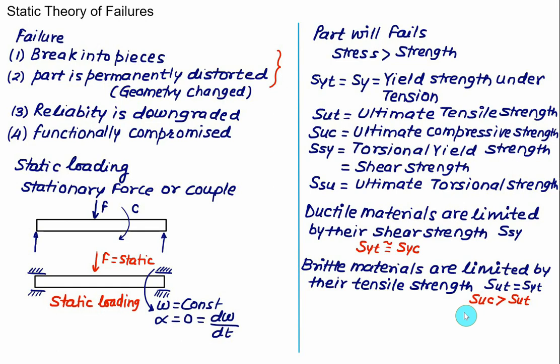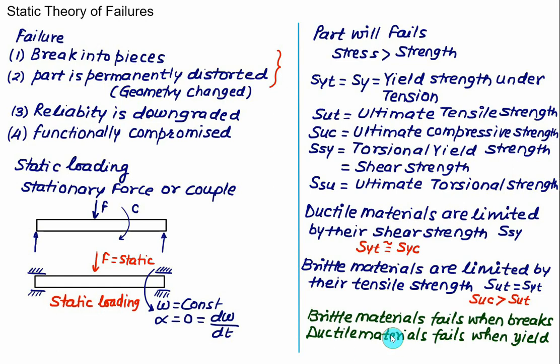But the ultimate compressive strength is always greater than the ultimate tensile strength. So brittle material will fail when we have a fracture, and because of fracture it will break into a number of pieces. For example, glass is a brittle material, so it fails when it breaks into a number of pieces, whereas ductile material will fail when yielding starts. So these are the two criteria we'll use for static theory of failure.